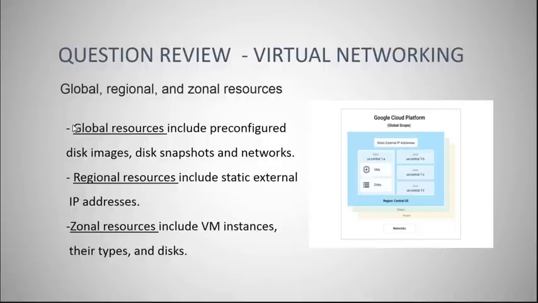Can you migrate that to another data center? Absolutely. But for right now, that VM is running in Council Bluffs. Just realize that. For the test, you're definitely going to see a question or two on the type of resources and being able to identify what resource is global, regional, and zonal.